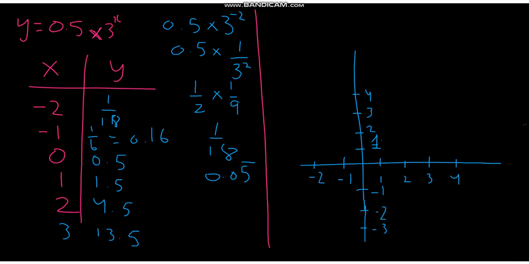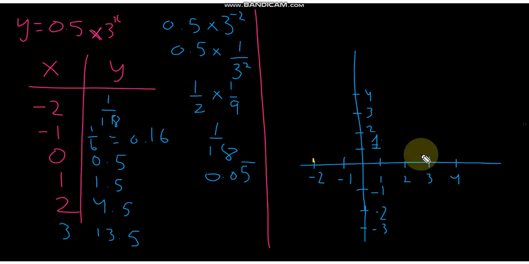Okay, let's plot it now. If x is negative 2, y will be 0.0555, which means very close to the line, very close to the line.